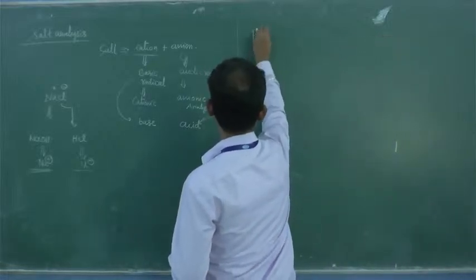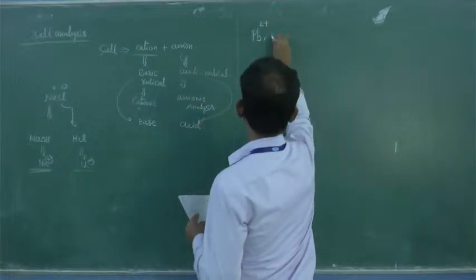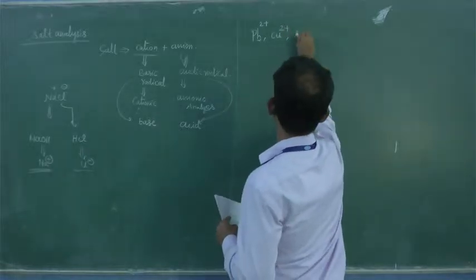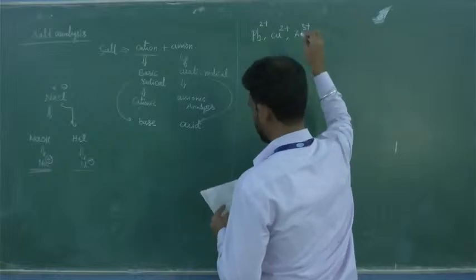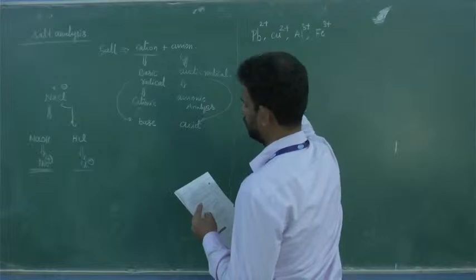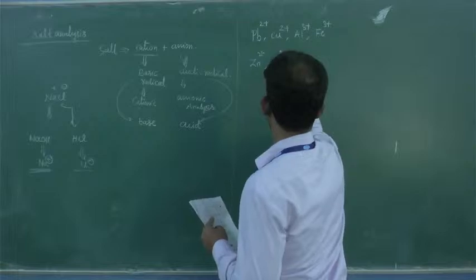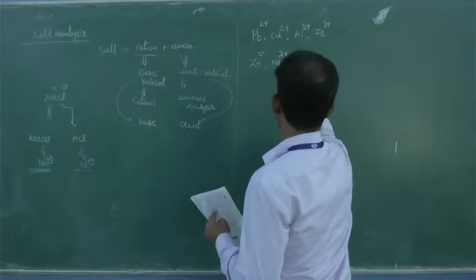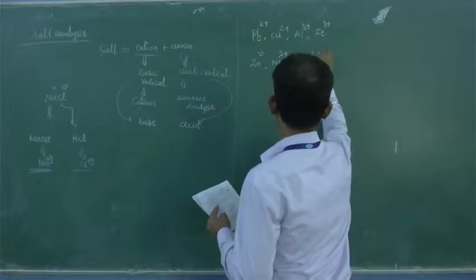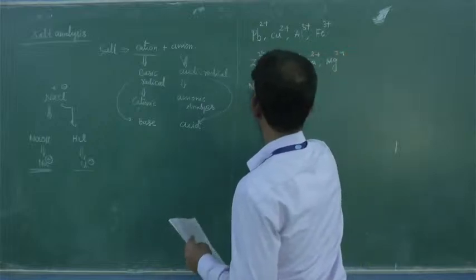Please note this. We are not going to discuss all the cationic radicals, that is basic radicals. We are going to discuss a few: lead, copper, aluminium, Fe3 plus, zinc 2 plus, nickel 2 plus, calcium 2 plus, barium 2 plus, magnesium 2 plus, and ammonium.